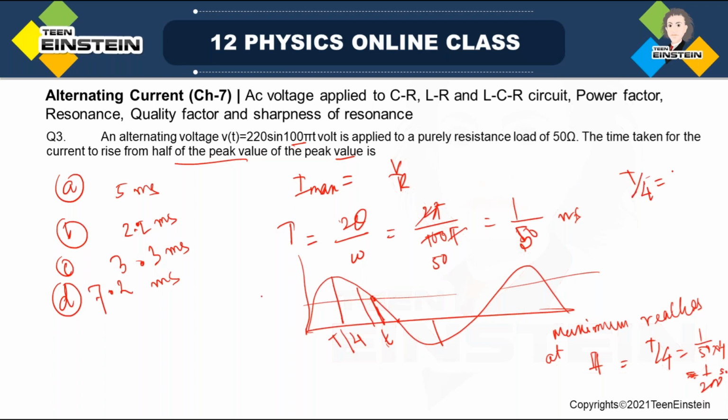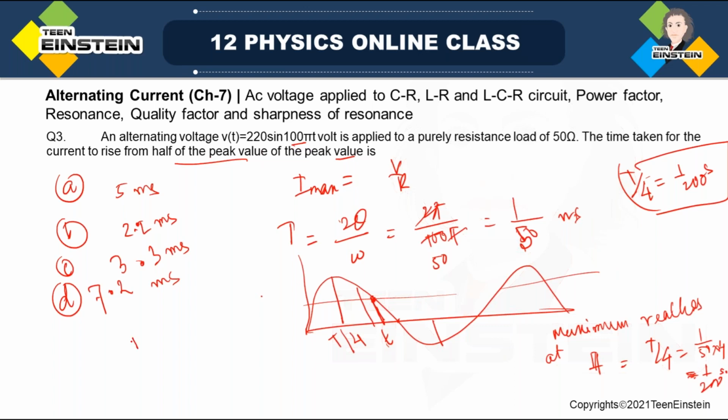T by 4 is this much second. This is the maximum value, and if we go here, this is the half of the maximum value. That time we have to find out, and it will be obtained from the expression itself.